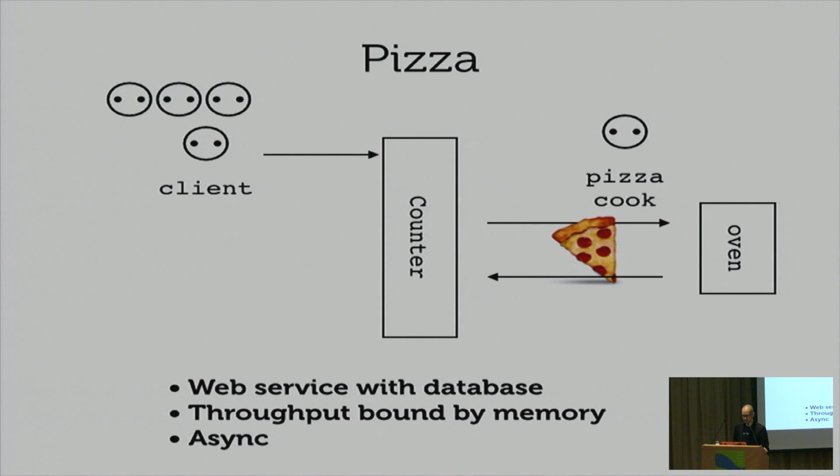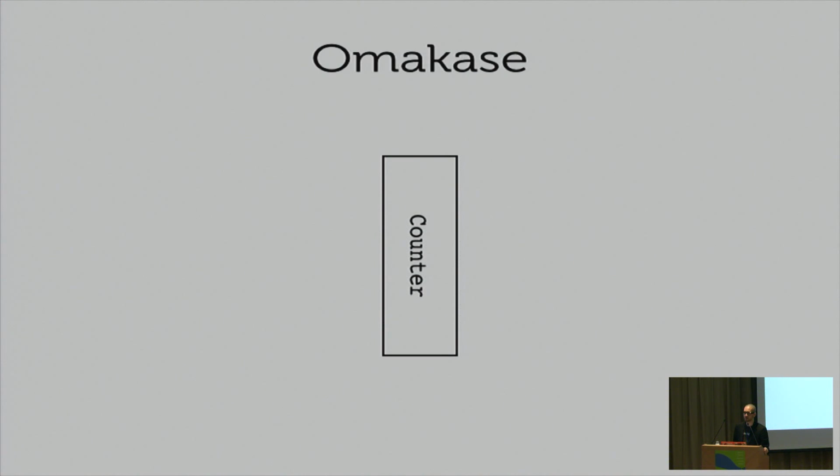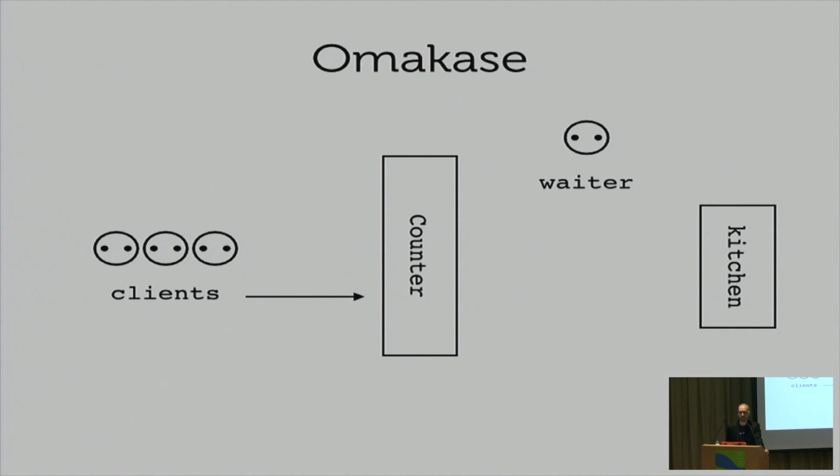And this is even more true of omakase. So when you want some sushi, you and your friends come to the sushi place and you sit down at the counter and the waiter tells the kitchen that you've arrived. And then the kitchen just starts making sushi. And as sushi dishes are completed, the waiter brings them to you and your friends at the counter.